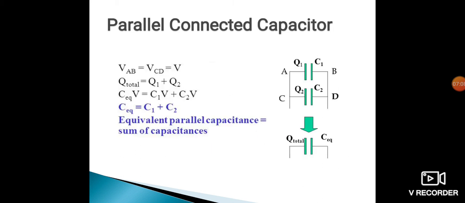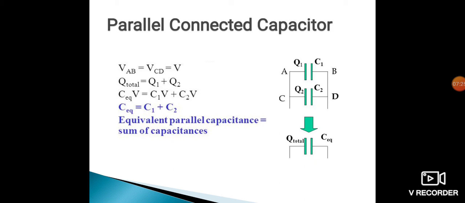So, now the derivation. We can see the voltage across AB will be equal to the voltage across CD because it is a parallel connection. In case of a parallel connection, voltage remains the same.